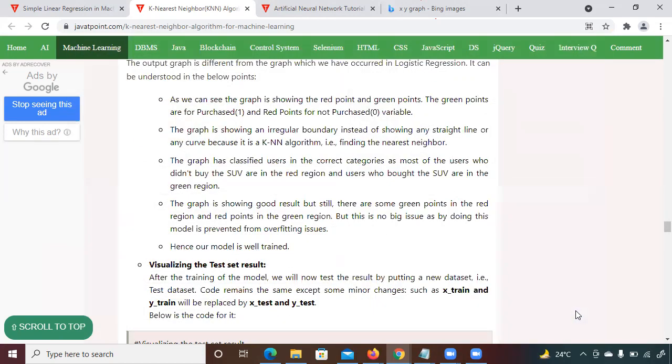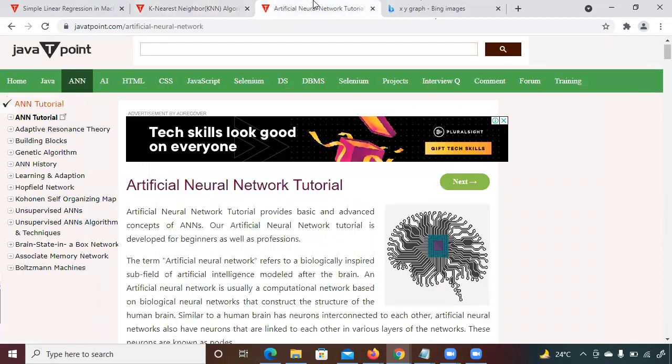So tomorrow I will start neural networks, and by this week I will complete one or two more algorithms. Then from next week onward we're going to start database and Tableau or Power BI, and we're going to start marketing as well.